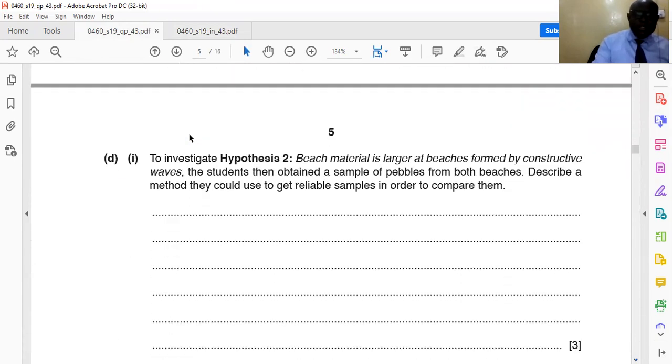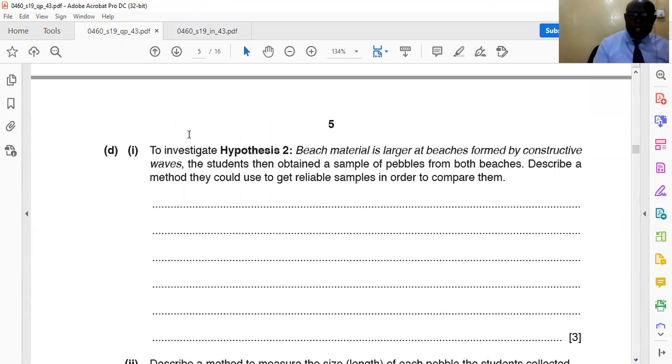Now, to investigate hypothesis 2, beach material is larger at beaches formed by constructive waves. The students then obtained a sample of pebbles from both beaches. Describe a method they could use to get reliable samples in order to compare them.